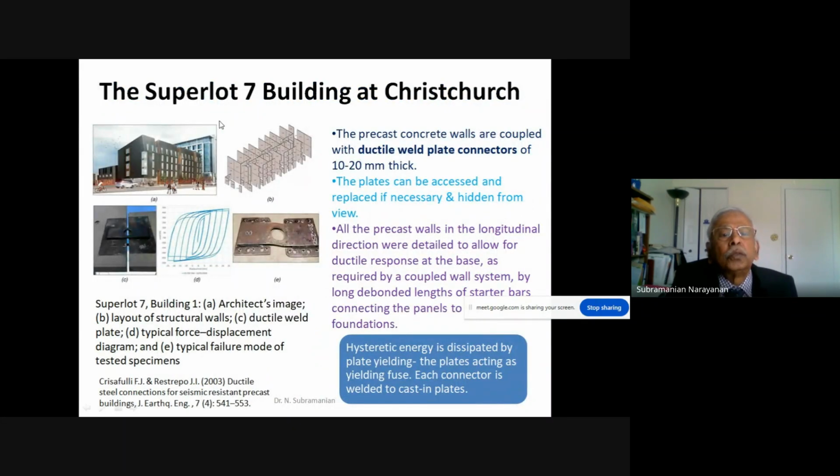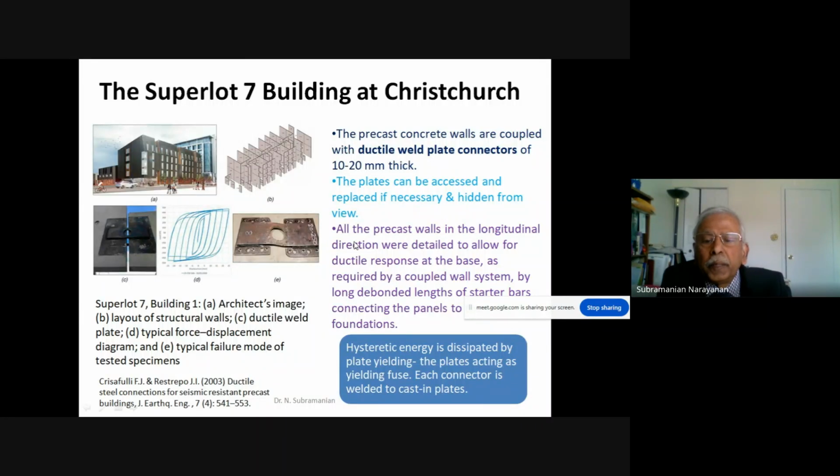So this is the Super Lot 7 building in Christchurch. This is a precast concrete walled building with ductile weld plate connectors, which I have shown in the previous slide. The plates can be accessed and replaced if necessary, and they are hidden from view.